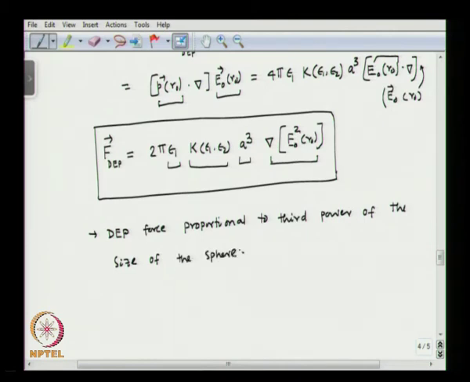Although here we are talking about a sphere, in general the DP force is going to be proportional to the third power of the size of an object. So this can be used in microfluidics to sort objects of different sizes, okay, where for a smaller object the dielectrophoretic force will be less as compared to that for a larger object, okay.